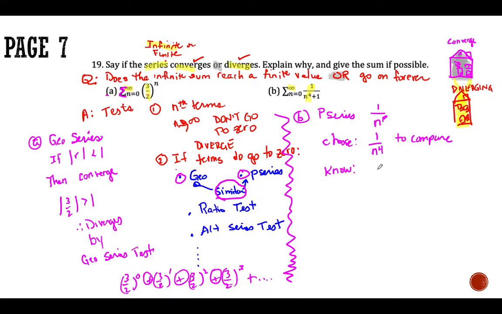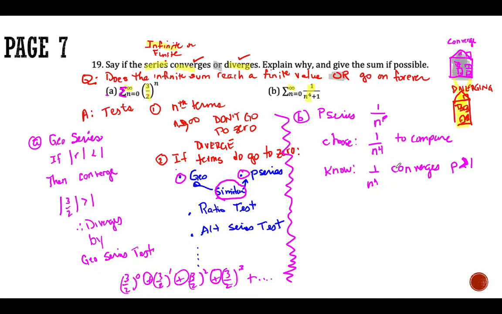By the p-series test, 1 over n to the 4th stays in the house. Because by the p-series test, when p is strictly greater than 1, a p-series will converge.